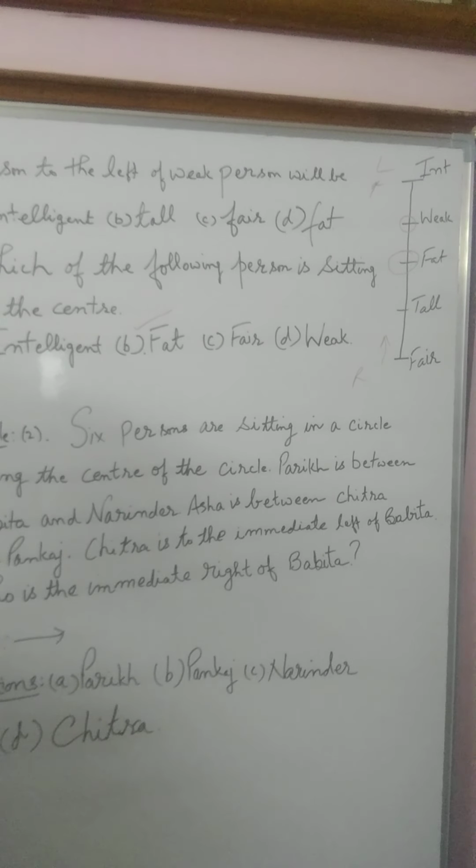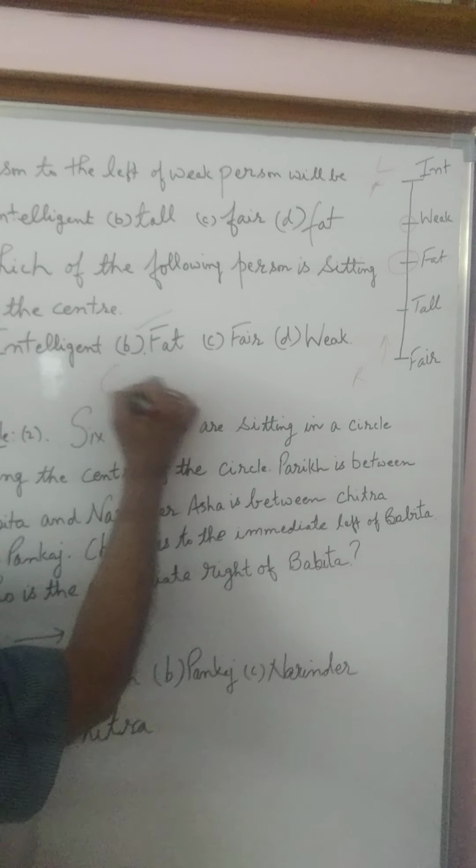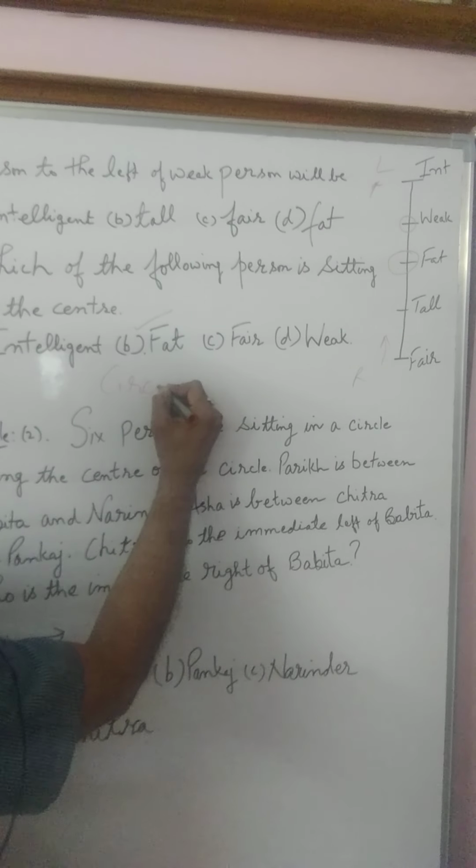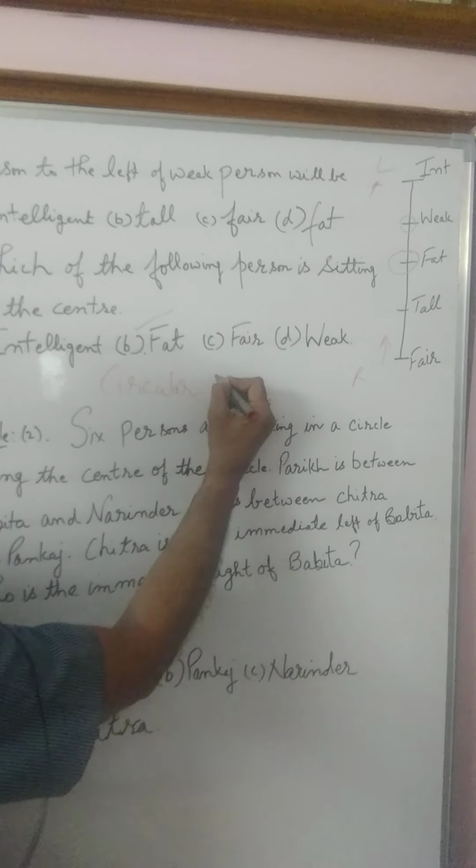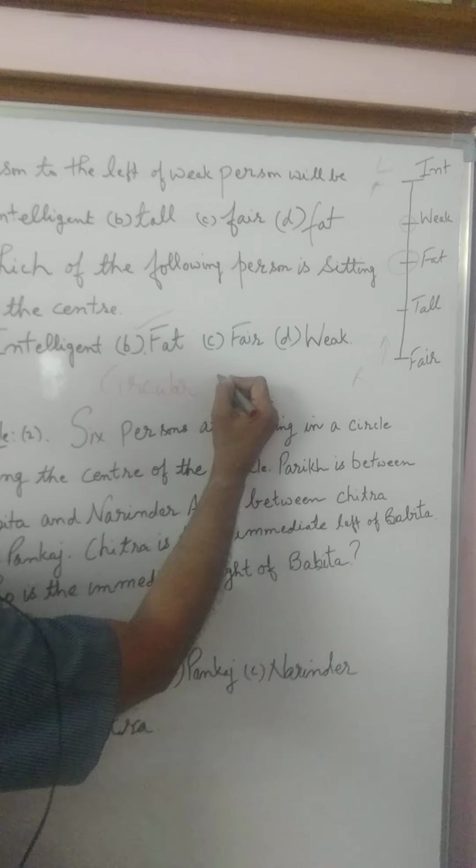Next is example number 2. It is of circular arrangement. What is this? It means the persons are sitting in a circular way.